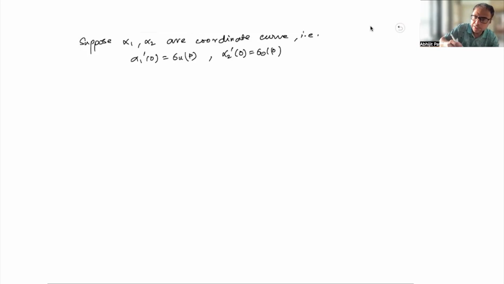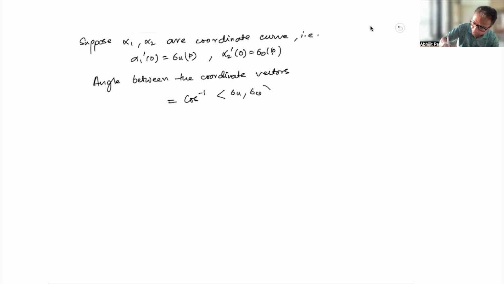Okay, so what is the angle between the coordinate vectors? This is given by cos inverse of the inner product of sigma u with sigma v divided by the norm of sigma u multiplied by the norm of sigma v.